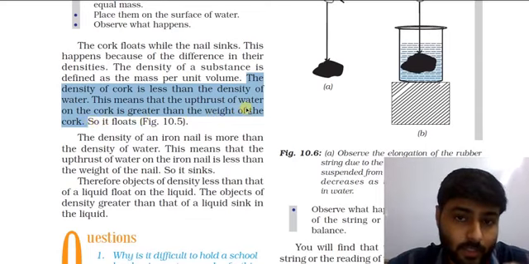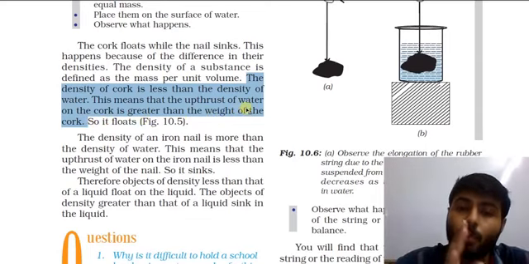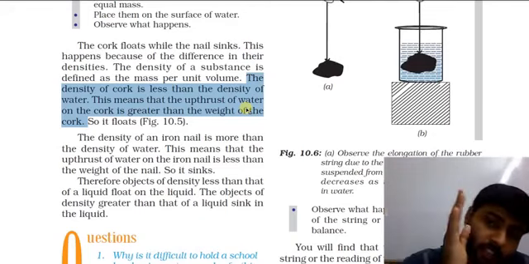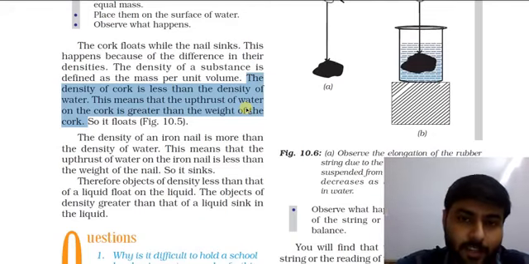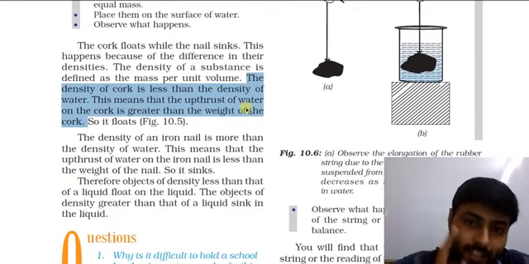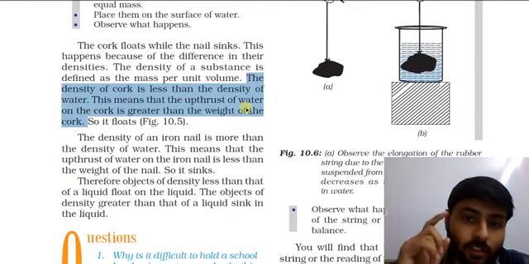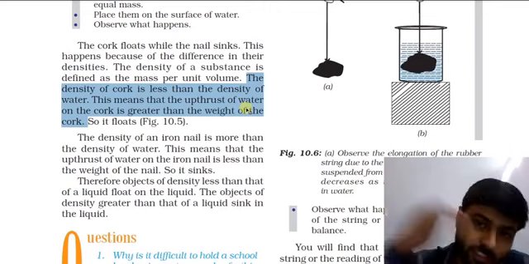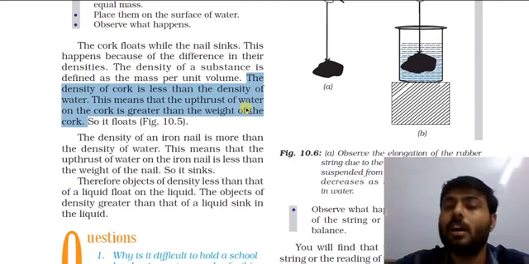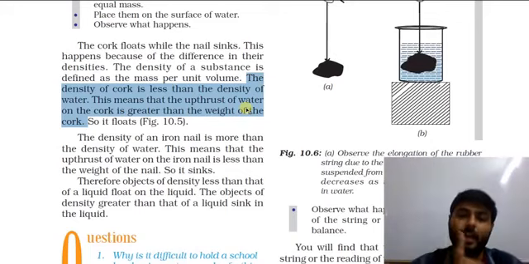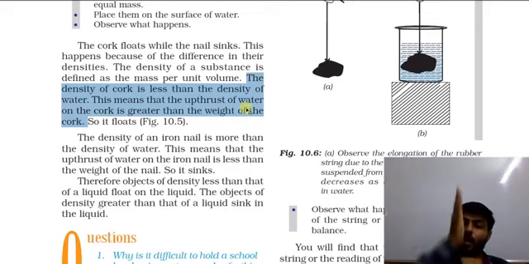So the cork feels more force in the upward direction than in the downward direction. There is gravitational force on this cork also, that is in the downward direction, but here we have a larger upthrust. So the larger force acts in the upward direction. So the cork floats on water.